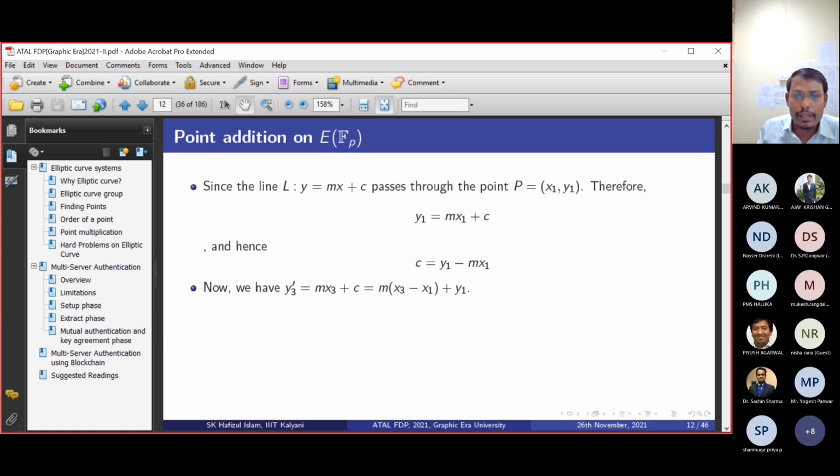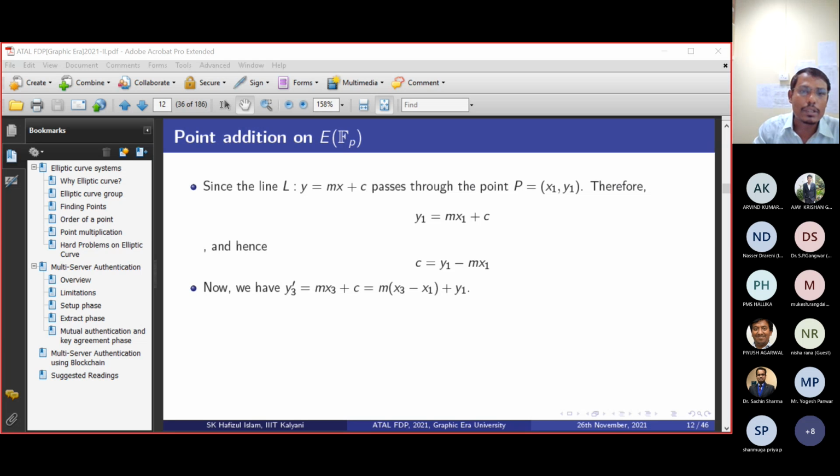So I write here the value of y3 prime, that is y1 minus m into (x3 minus x1). So I think y1 is okay. This is also negative, so what we can write? This is m(x1 minus x3) minus y1.